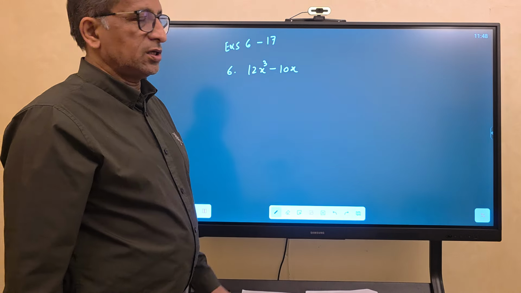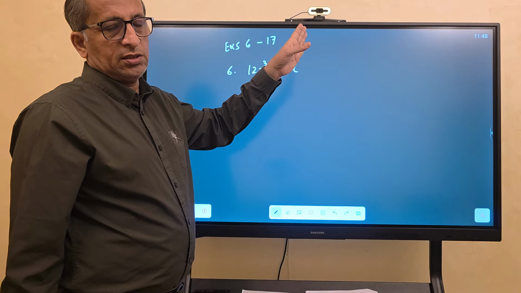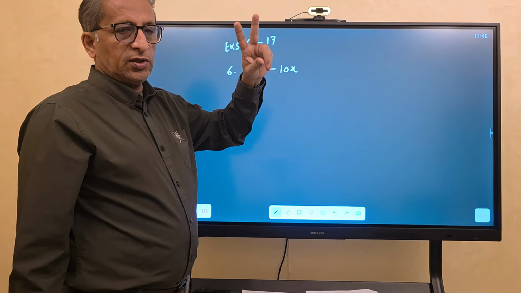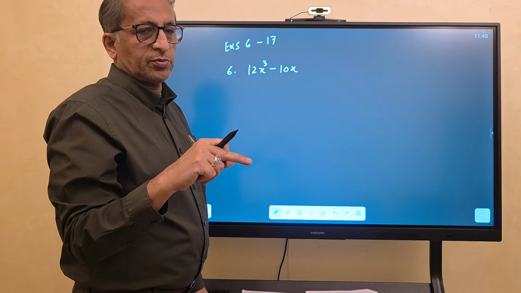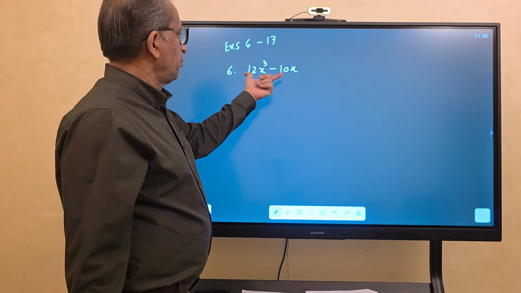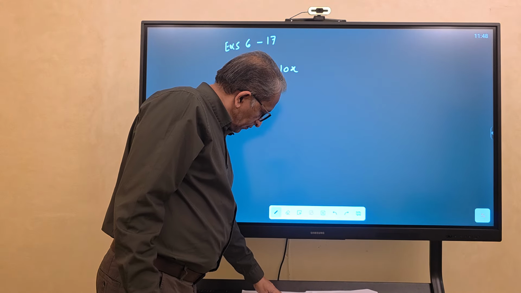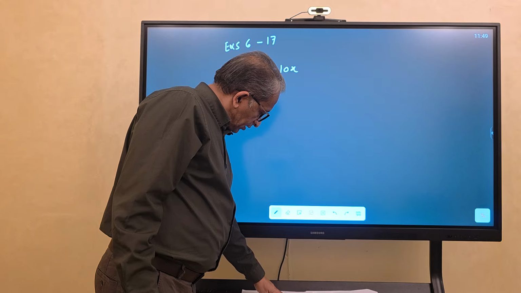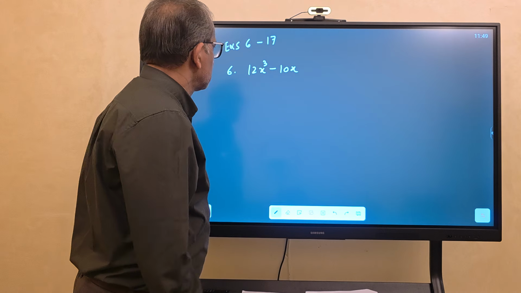So what's the question here? First of all, what is given? You are given a binomial, that is a polynomial with two terms. And you know that the terms are always separated by either plus or minus. So we are given a binomial here. And the question is: factor the greatest common factor from each polynomial.